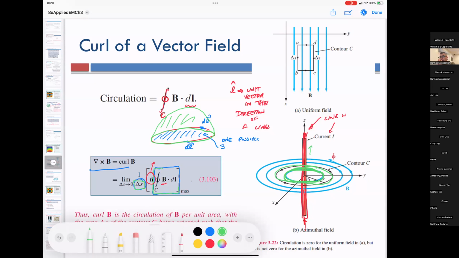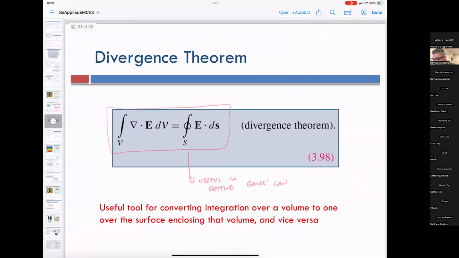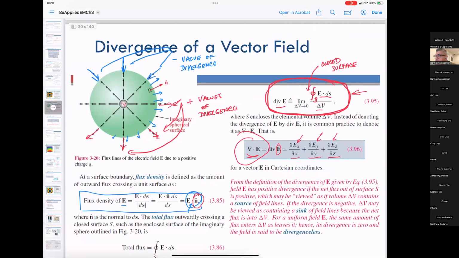So let me give you a visual for that. When we were doing the divergence of a vector field, if you want to imagine what that function is, it's like a closing fist around whatever volume.